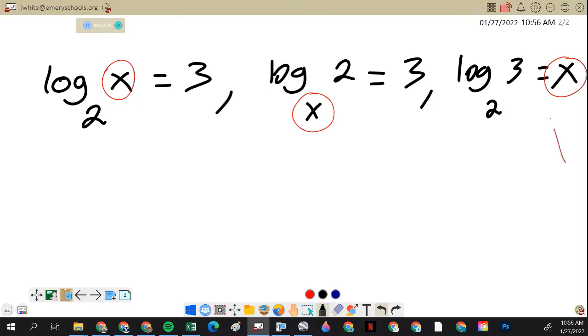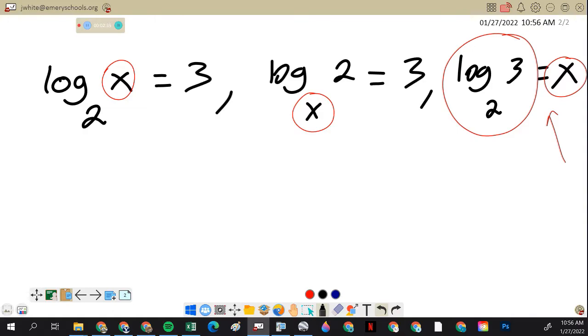Well, this one is the easiest. It's already solved, right? Solving equations usually means get x by itself. In that version, x is by itself. So how do I plug that into my calculator? Does my calculator have second gear? No. If I don't have second gear, what do I do?